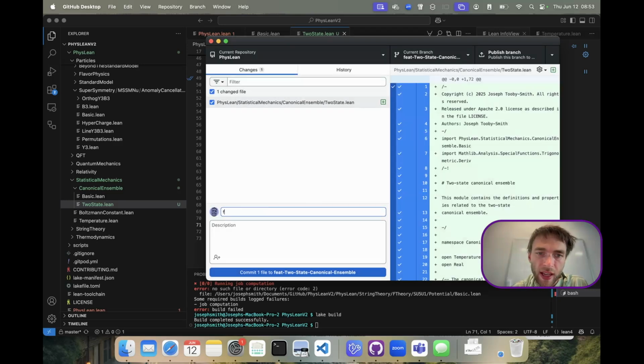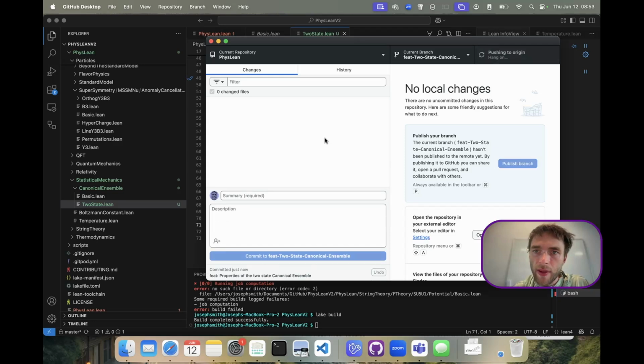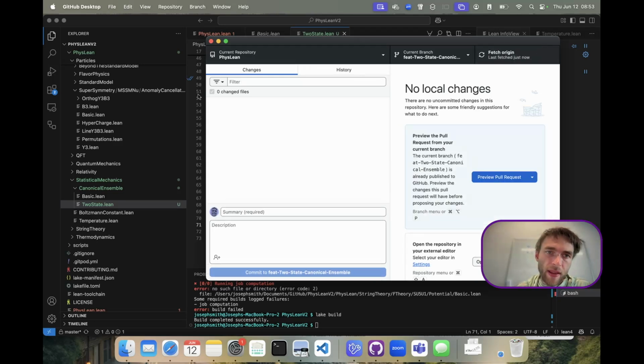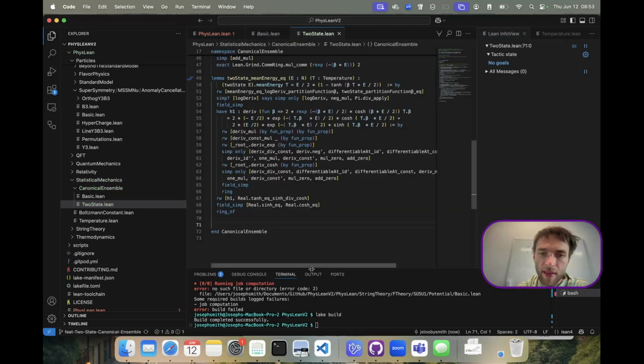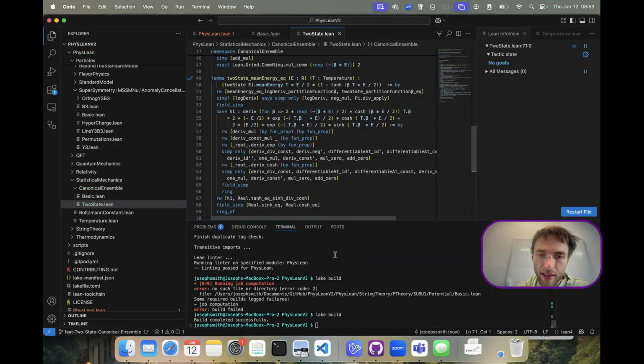And I'll bring my changes, and I'm going to do feature two-state properties of the two-state canonical ensemble. And let's commit those. Let's publish this branch.